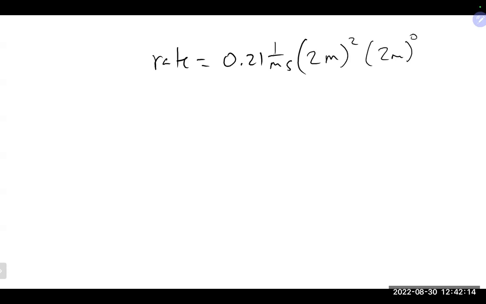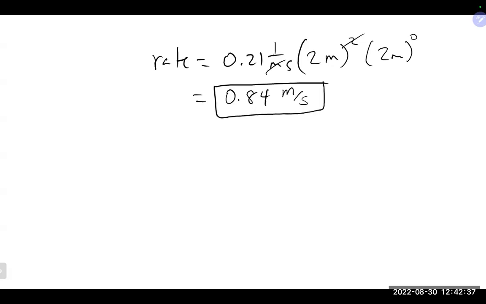The rate that we would roll in with this reaction based on those concentrations would be 2 squared times 0.21. And we would end up with a rate of 0.84. The units here would be molarity over seconds, right?